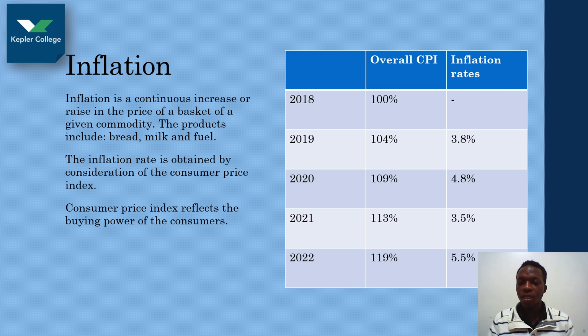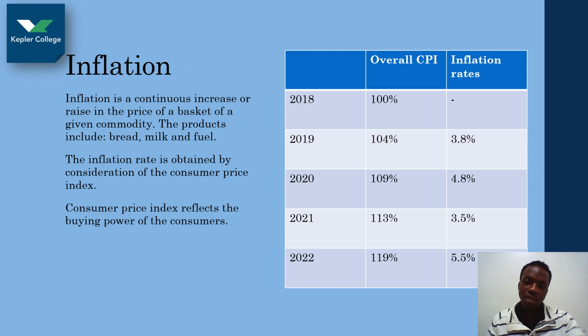If we shift to the inflation rate, we are still considering the base year, and because we are not referring to other given years, it is referred to as though there is no inflation rate.